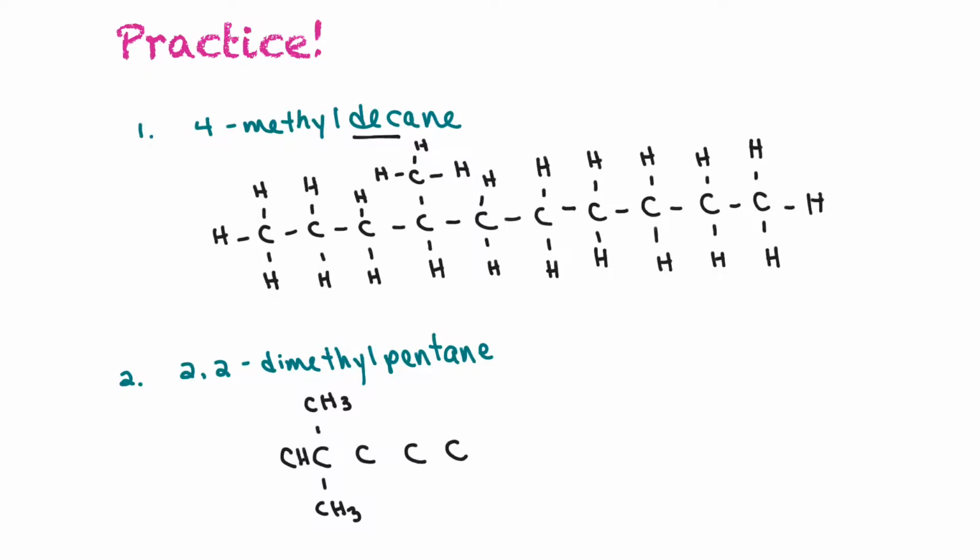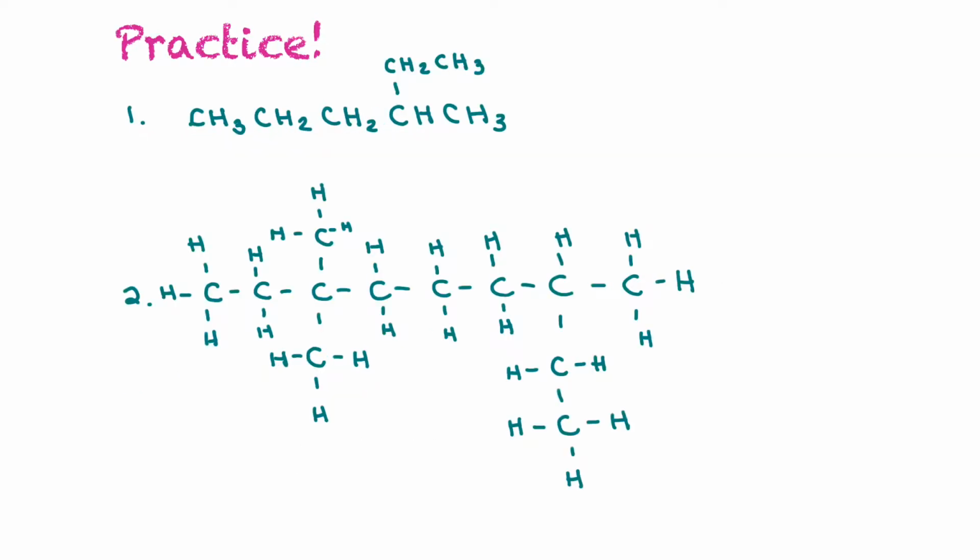The end carbons always have CH3 unless there's some other functional group coming off. And the ones in the middle, except for the one that has the branches coming off, will be CH2. I'm just going to fix that up a little bit, move it closer, and that is how you draw 2,2-dimethylpentane.